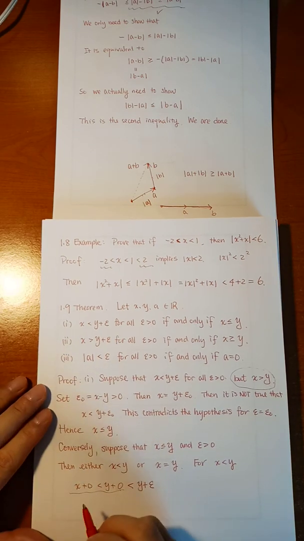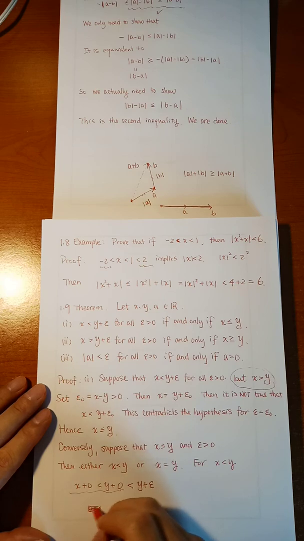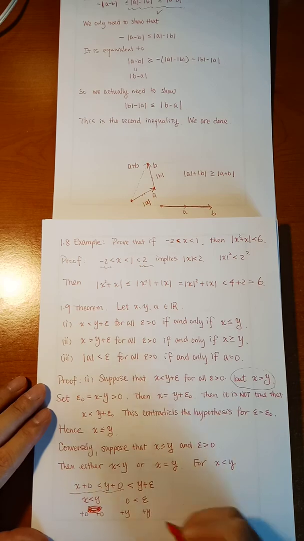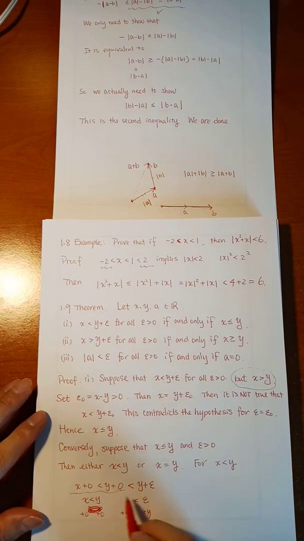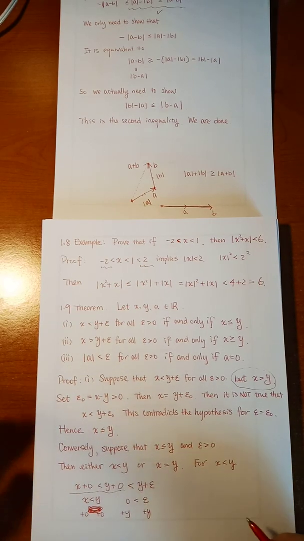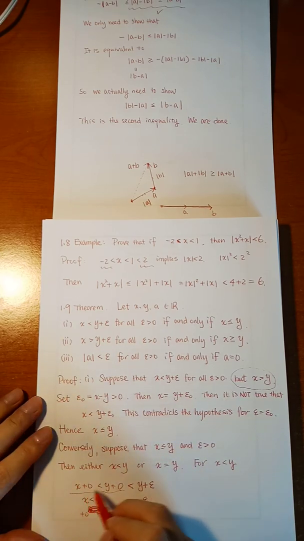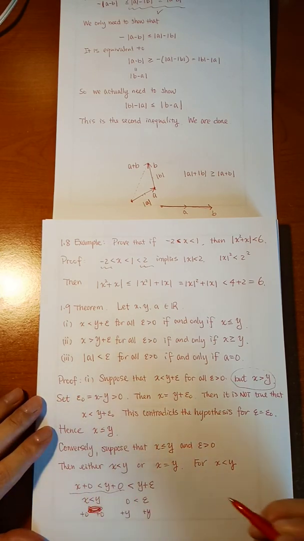Let me say it. You have x less than y, you add a 0 on both sides. You have 0 less than epsilon, you add a y on both sides. Okay? So that's why they need the middle step, y plus 0. Okay, so x less than y plus epsilon.